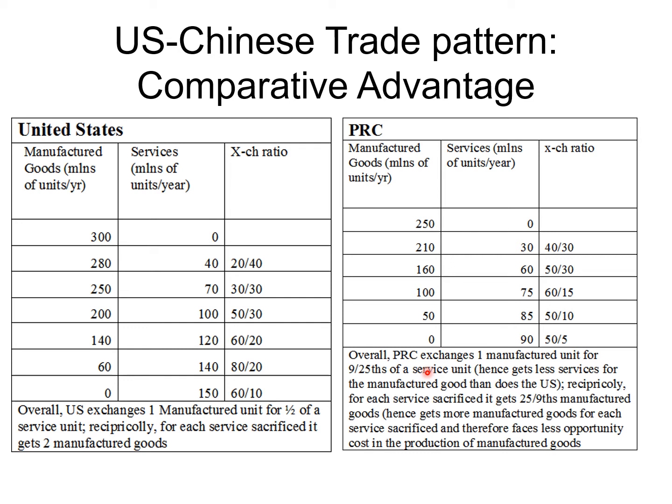That's much less than the United States, all right? The United States gets 1/2 a unit of services for each manufactured good. China only gets 9/25. 9/25 is less than half. Reciprocally, for each service sacrificed, they get 25/9. The U.S., for every service sacrificed, only gets 2 manufactured goods. China gets 25/9, which is greater than 2. Okay?